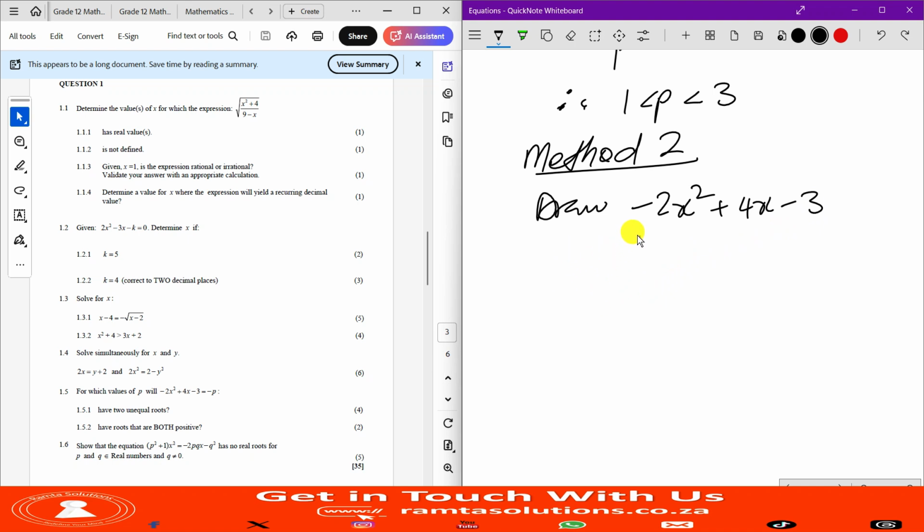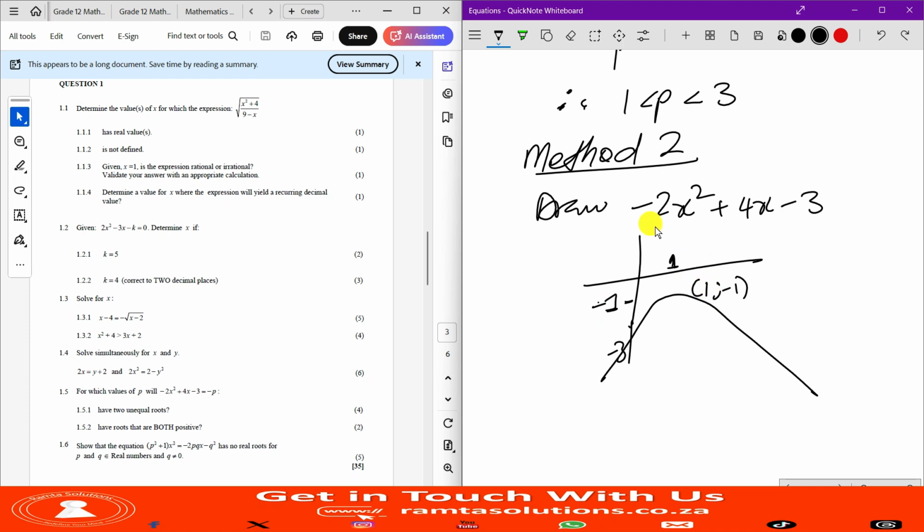As you can see, the y-intercept is negative 3, and then it'll be like this. The turning point will be, what is this? This is positive 1, and this one here will be negative 1. So the turning point will be 1 and negative 1.